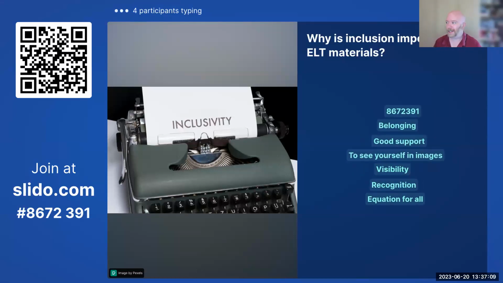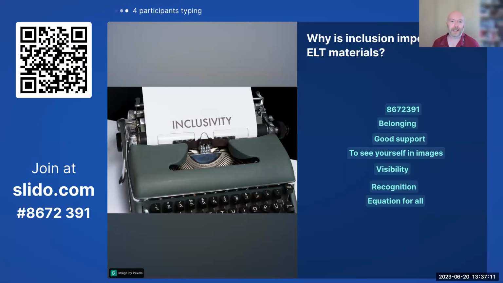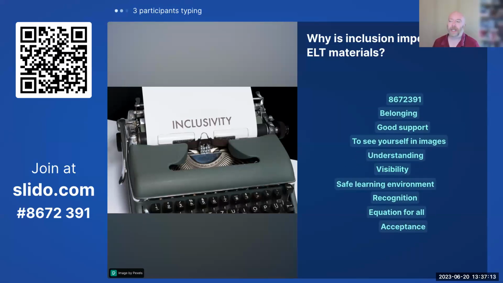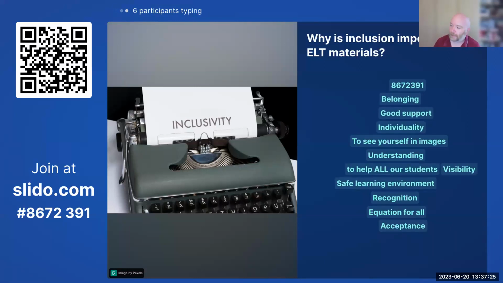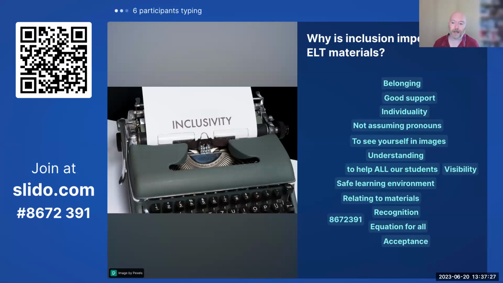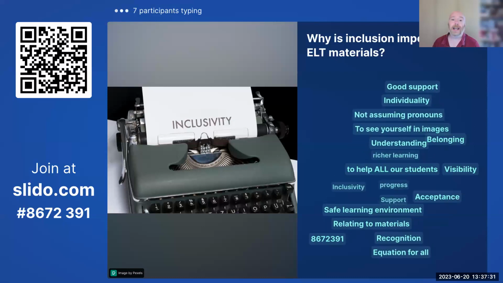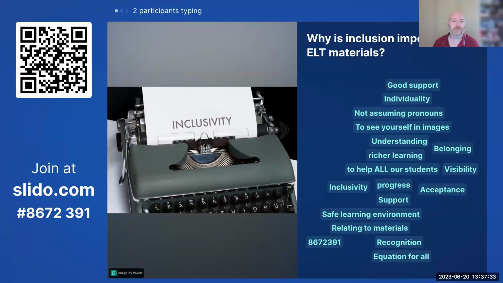It's really quite exciting. So yes, I can see belonging, to see yourself in images for better understanding, a safer learning environment, equality for all, acceptance. Oh, these are all really, really good. Thank you very much. To relate to the materials, which I think is a really important thing.